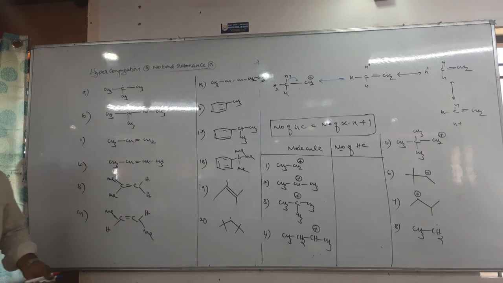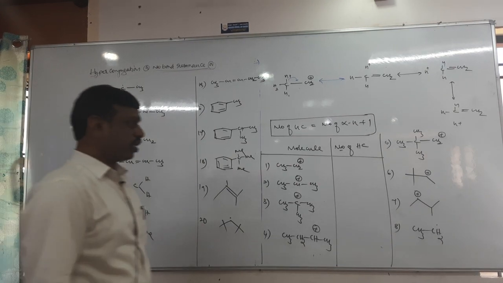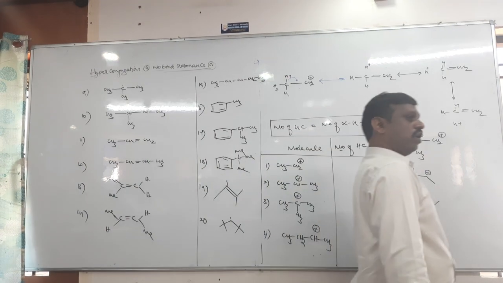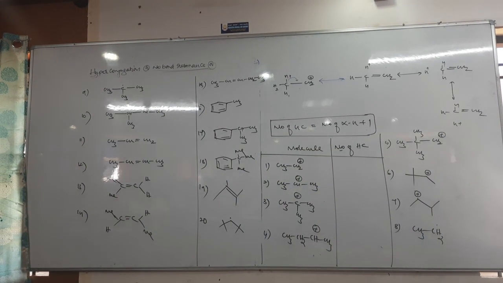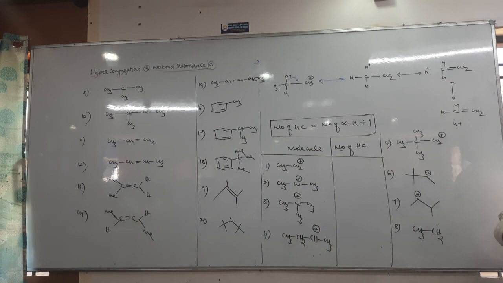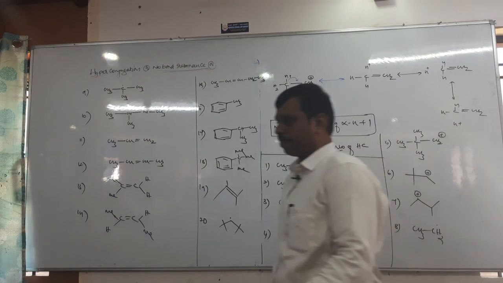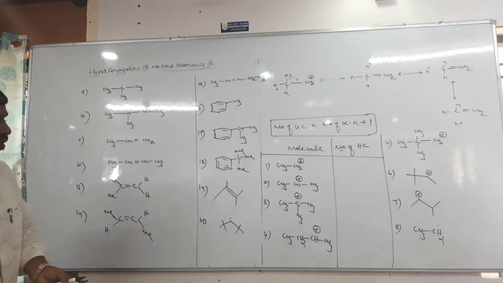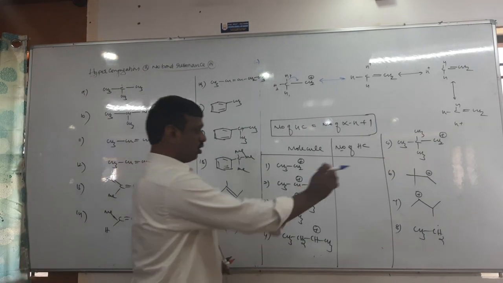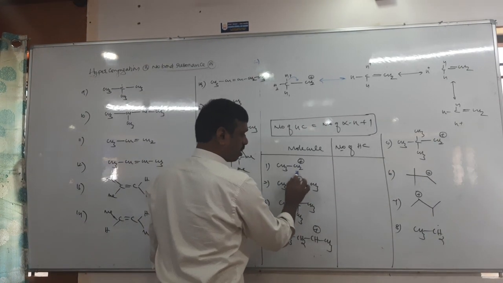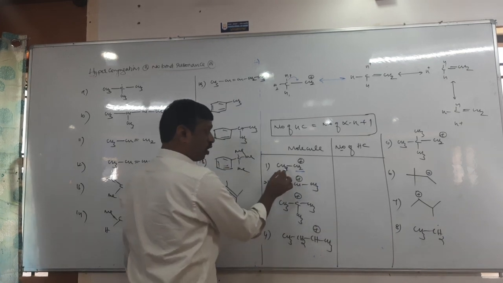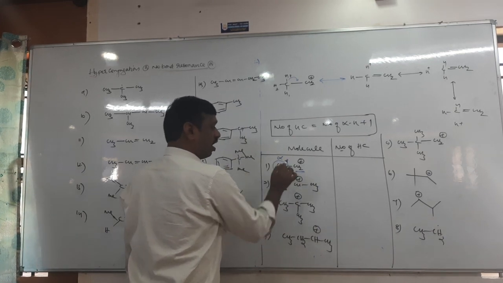Tell me. So calculate the number of hyperconjugations in the molecule. If any molecule exhibits 0, it means no hyperconjugation, that it is not possible to exhibit hyperconjugation. Tell me, the first one. See, this is a carbocation, right? Adjacent to the carbocation, this carbon is called the alpha carbon.